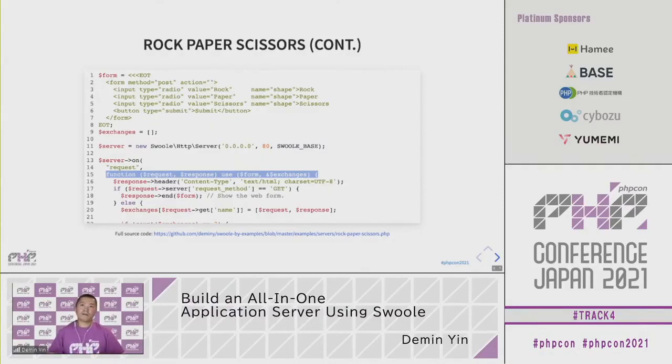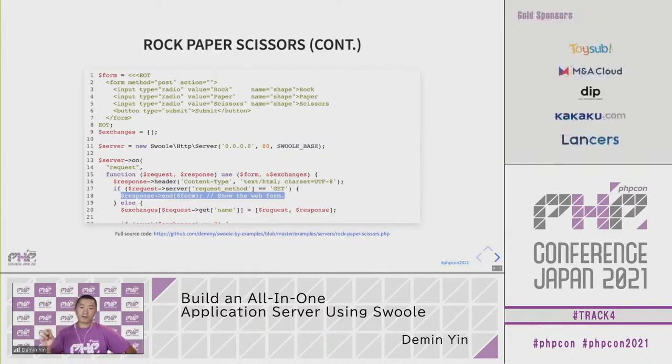And this callback function will handle two different types of requests, an HTTP GET request and an HTTP POST request. If the server receives an HTTP GET request, it will show the web form to a player. And when the server receives an HTTP POST request, which means a player is submitting a choice to the server, we are going to execute this else section here.